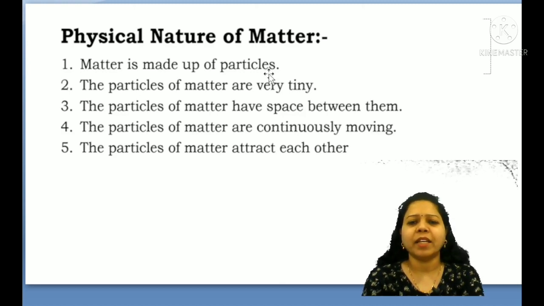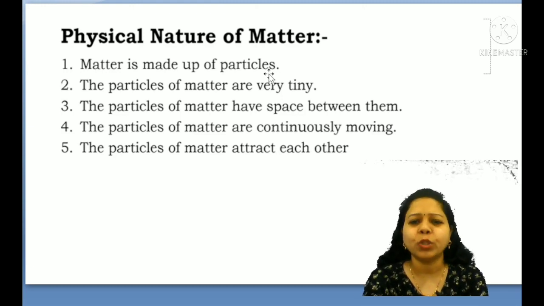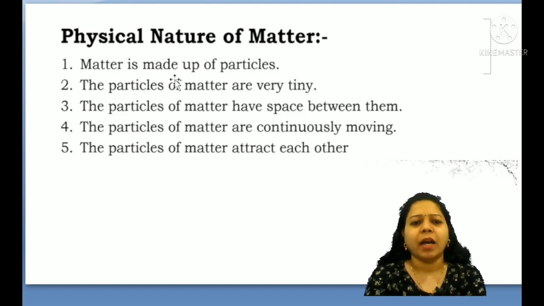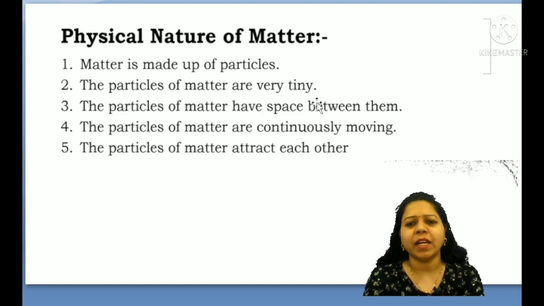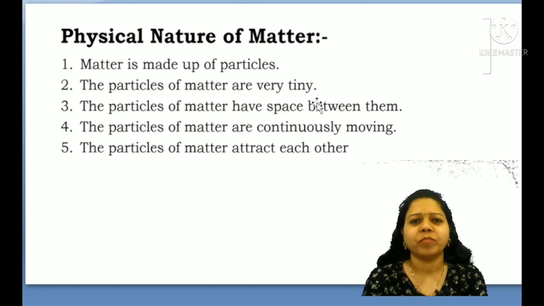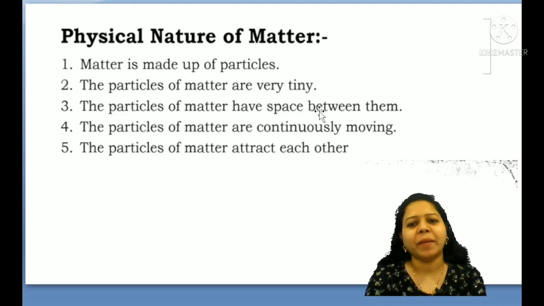If we take an example of anything present in our surrounding, even a small chalk, that is made up of many particles. And the particles of matter are very tiny. Each and everything is made up of many small, that is tiny, particles.